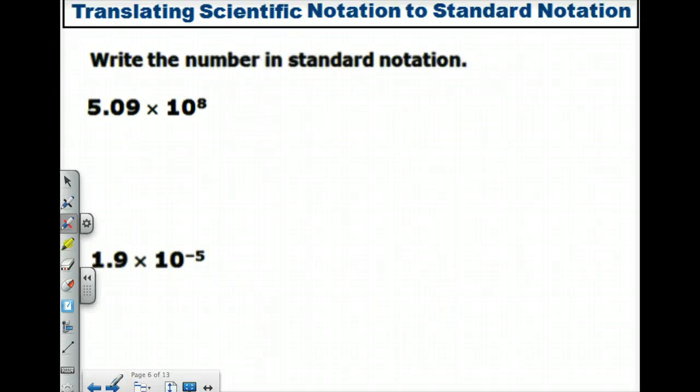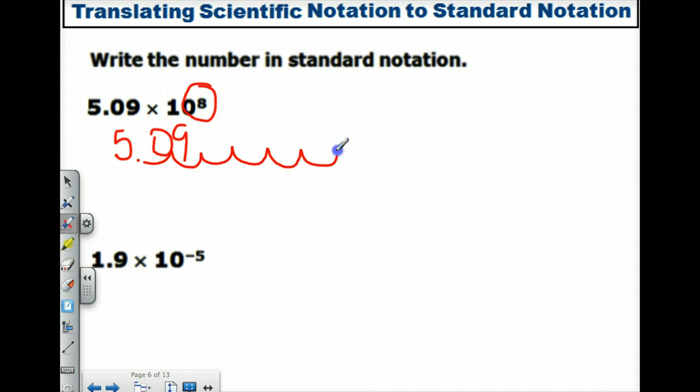Go ahead and try these two. Pause your video and then turn back on to see if you get the right answer. The exponent is 8. Move it 8 places to the right. 1, 2, 3, 4, 5, 6, 7, 8.